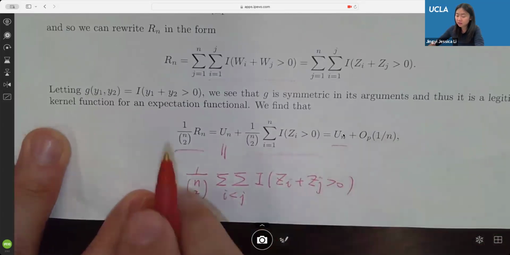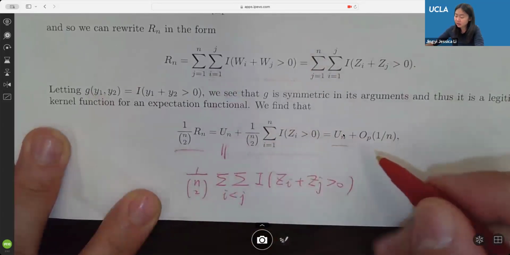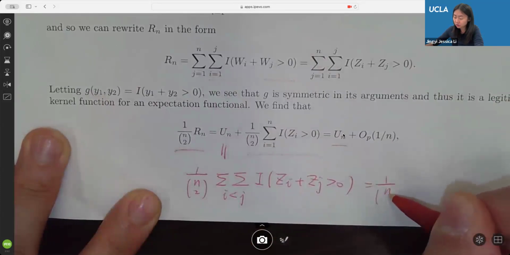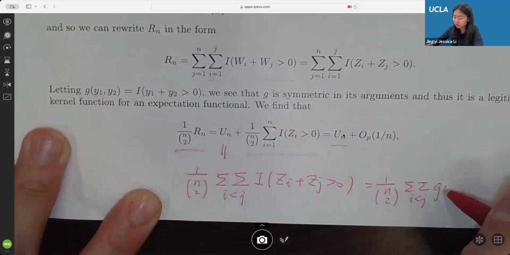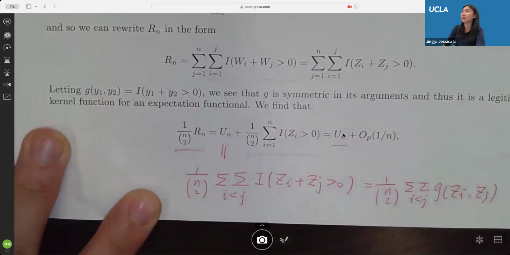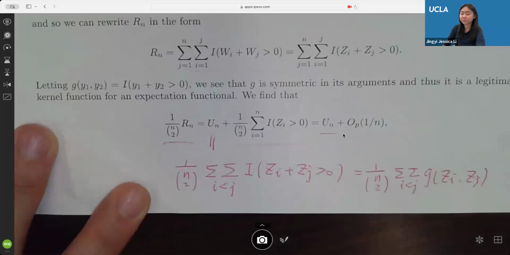Then since G is defined in this way, this is basically 1 over n choose 2, double sum i less than j, G of Zi, Zj, right? That's it.